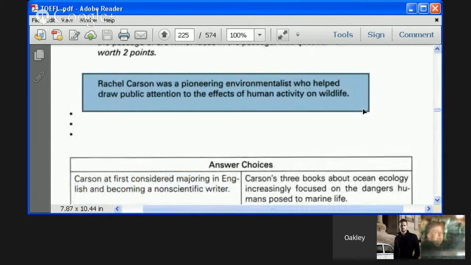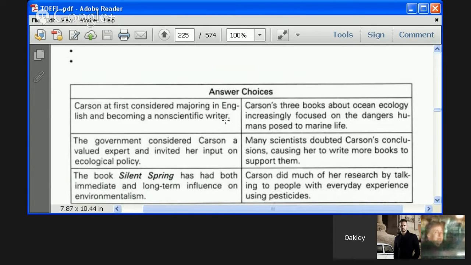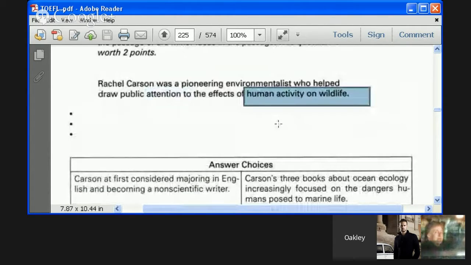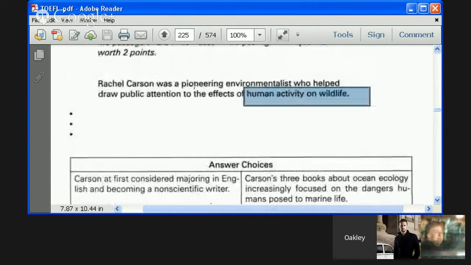Attention to effect of human activity on welfare. So it's a book, and why not? Yes. Attention. Okay, and he's talking human influence on environmentalism. We got attention. All the keywords are there. Yeah, it looks good.